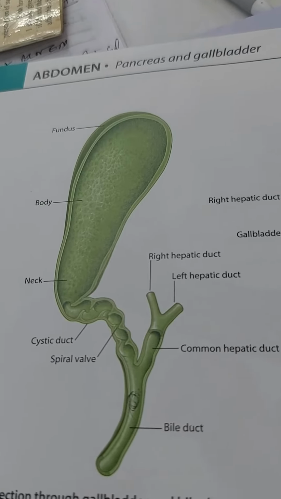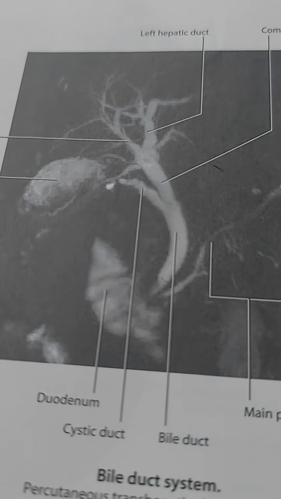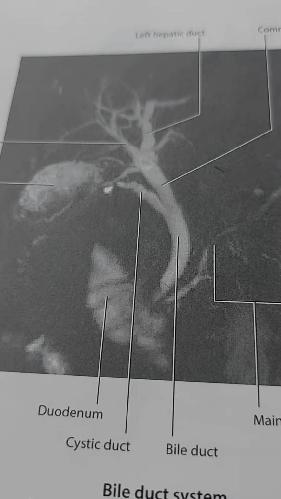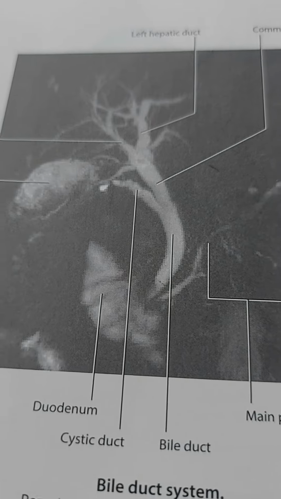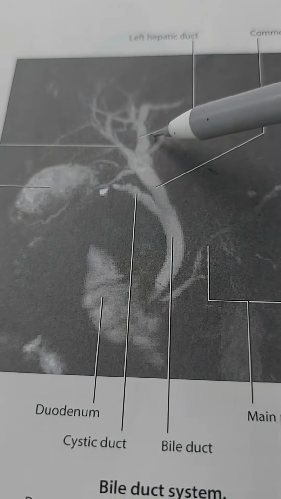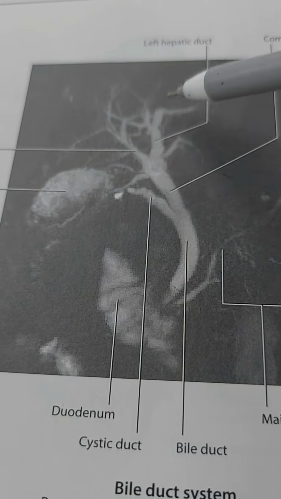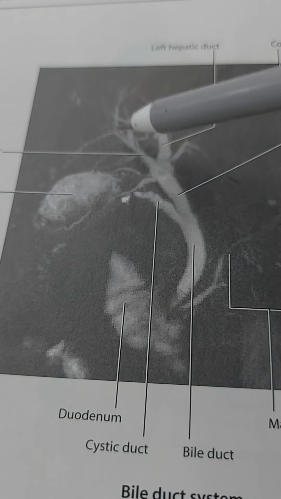This is the portrait picture. This is the original MRCP picture. These are the hepatic ducts coming from the smaller hepatic ducts.